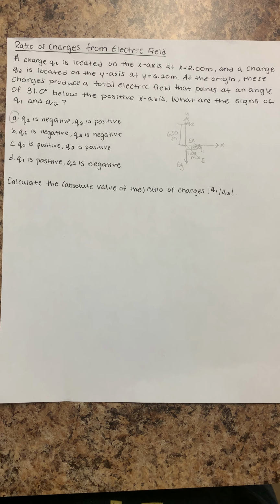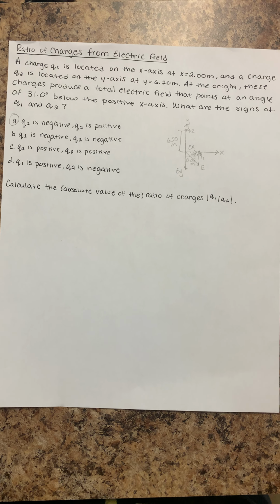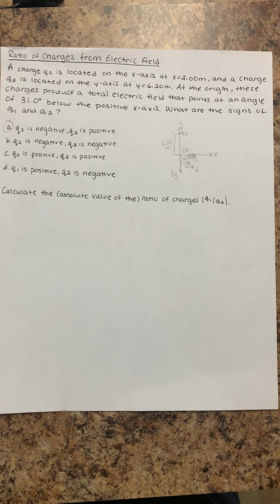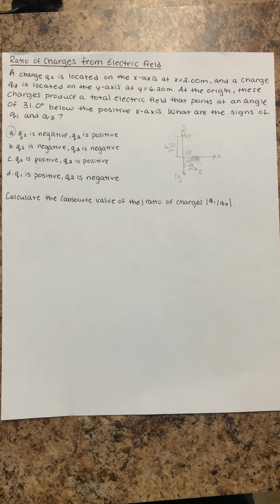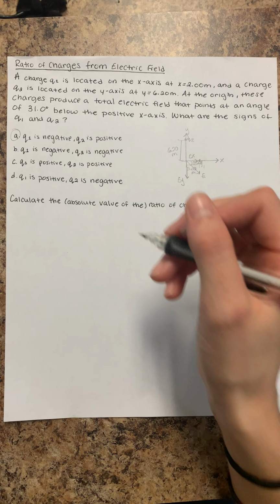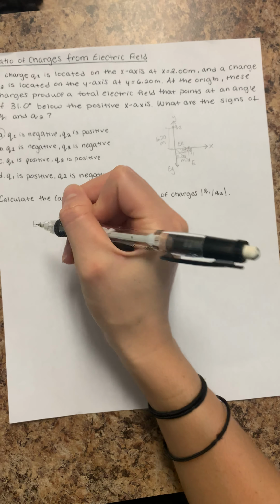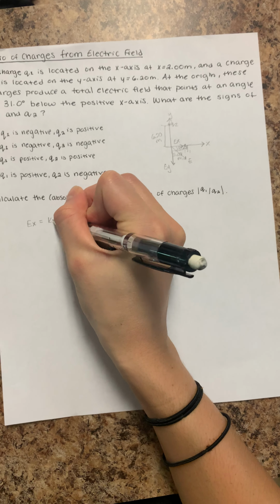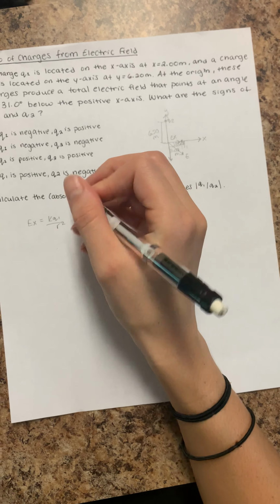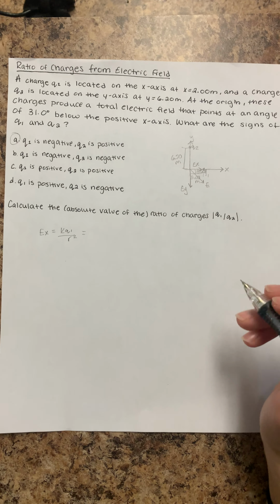And in the next part, we are asked to calculate the absolute value of the ratio of charges, absolute value Q1 divided by Q2. So for this, we can find the x and y components using Coulomb's equation. So we have EX equals KQ1 over R squared, which gives us, K is always going to be the same.